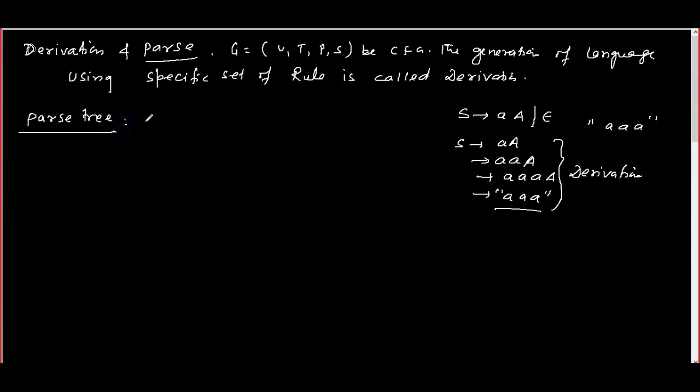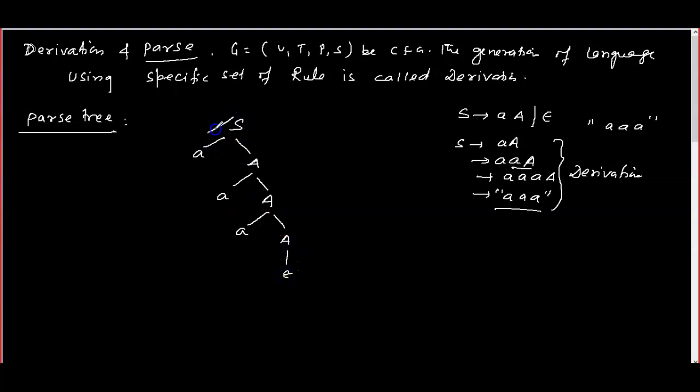Next is parse tree. This derivation tree represented graphically is called a parse tree. Here, what we have done, we can represent graphically: S derives AA, so I can write A and A. Again in the place of A, I write A and A. Again in the place of A, and finally A is epsilon.